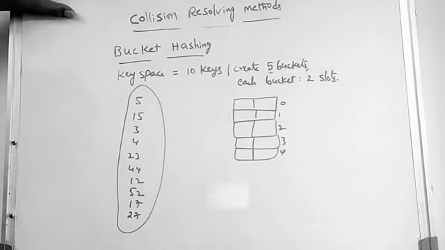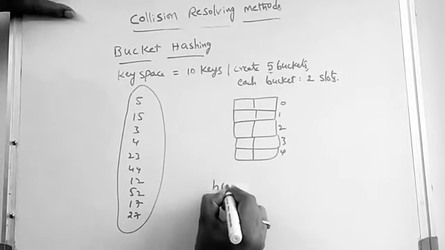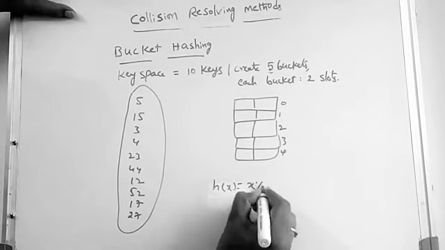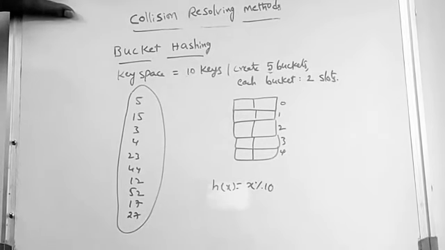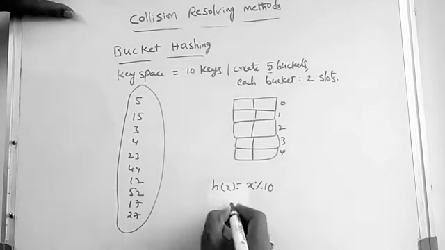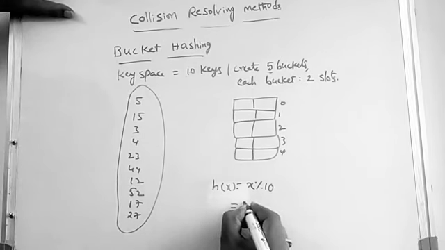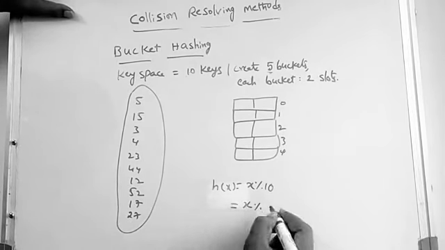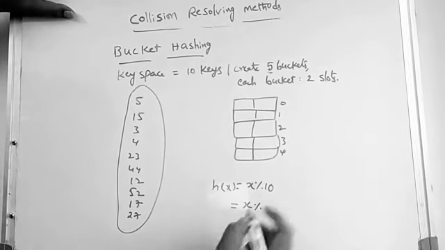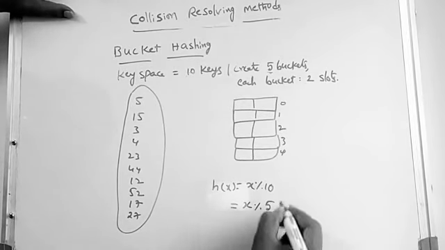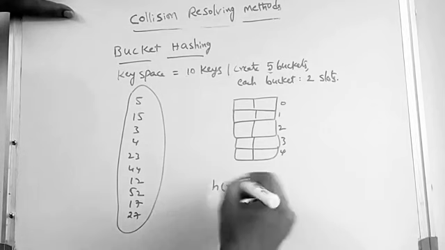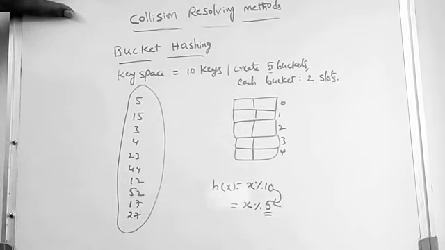So what is the mathematical function generally? H of x is equal to x mod 10. Clear? Now here, take x mod the number of buckets. How many buckets? 5. So this value varies depending upon the number of buckets.